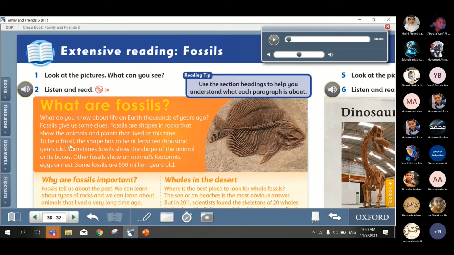To be a fossil, the shape has to be at least 10,000 years old. Sometimes fossils show the shape of the animal or its bones. Other fossils show an animal's footprints, eggs, or nest. Some fossils are 500 million years old. Can you imagine that? Some fossils are 500 million years old.